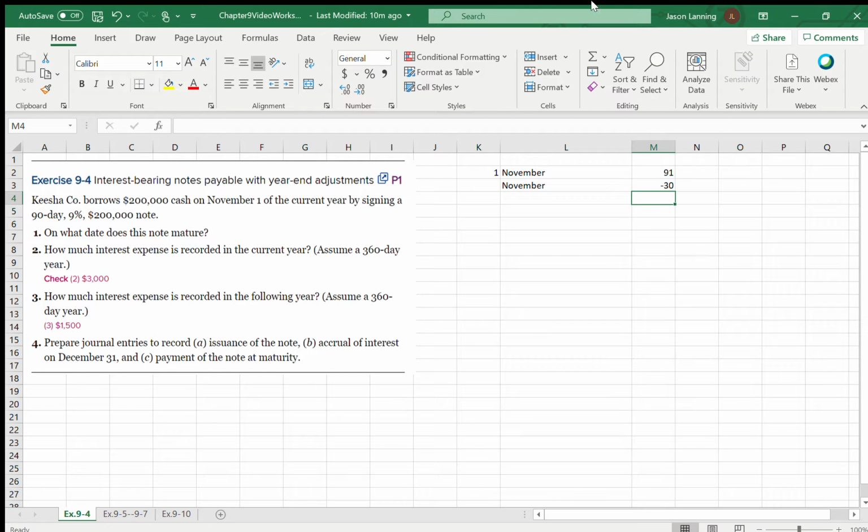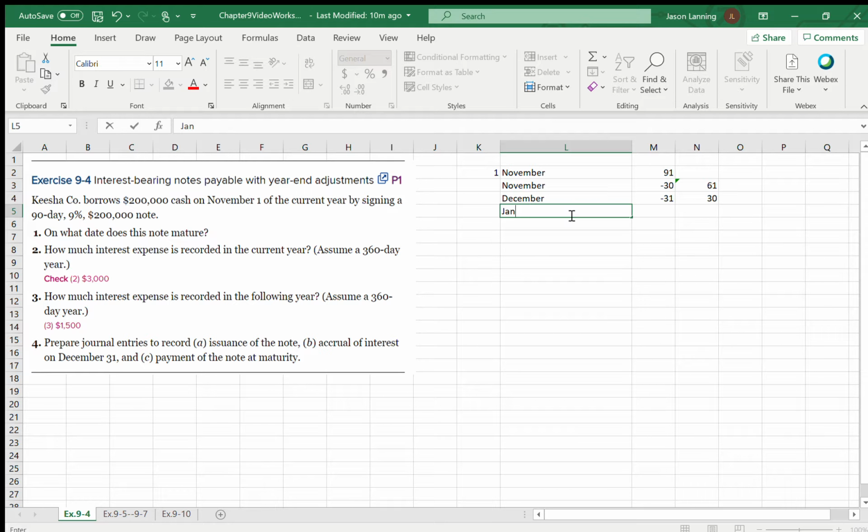So looking at this, we could say, okay, after the end of November, we have 61 days left. So what about December? Well, we have 31 days in December. So, if we look at it and say, after this, what do we have left? Well, we have 30 days left.